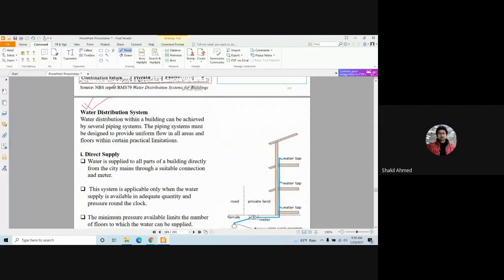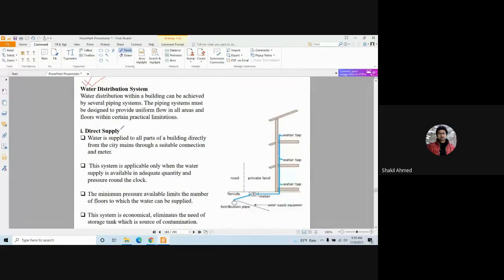Water distribution system, direct supply. For example, this is the main pipe where the Dhaka Wasa is supplying the water. And for example, you have 50 psi here, and it is 24-hour service. In that case, you can directly uplift the water up to 3 story, basically 2 story.